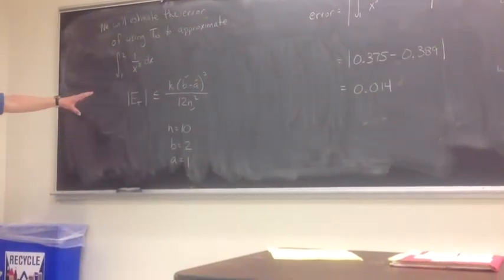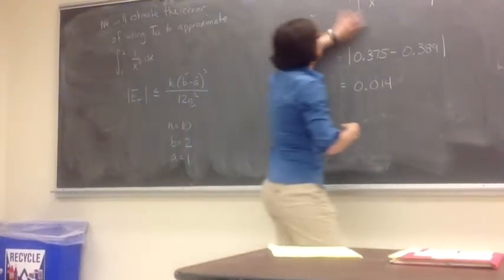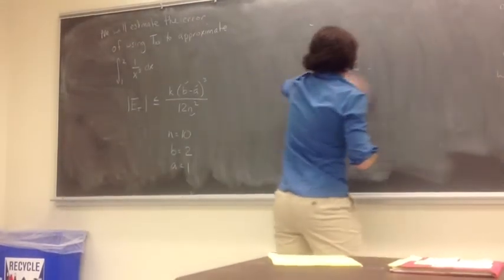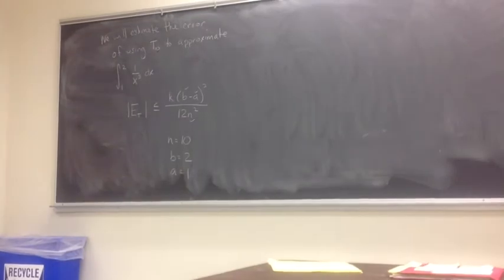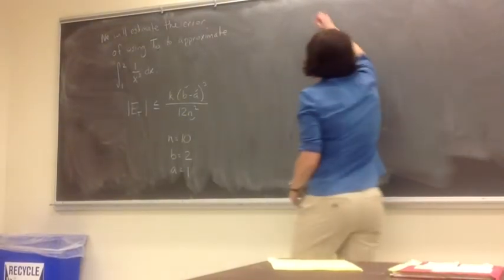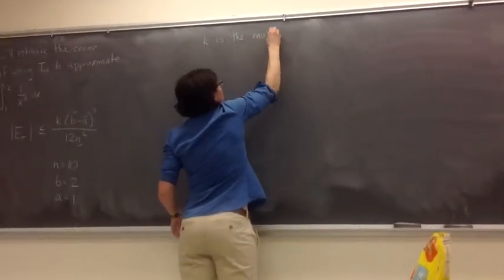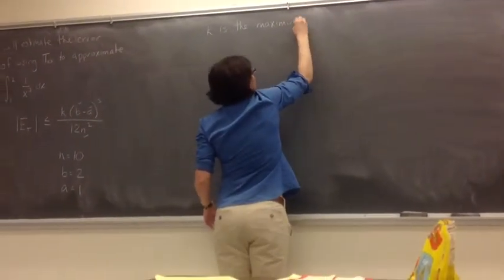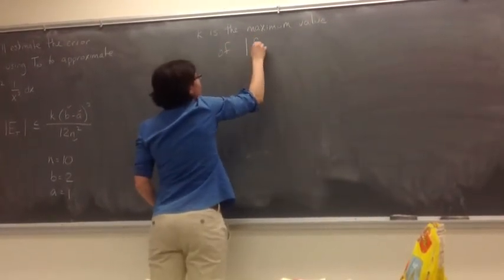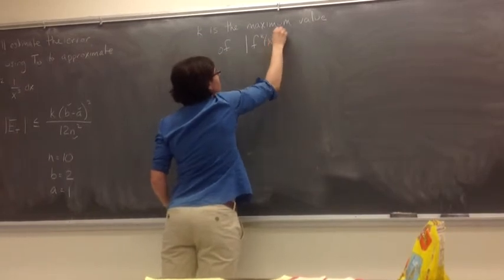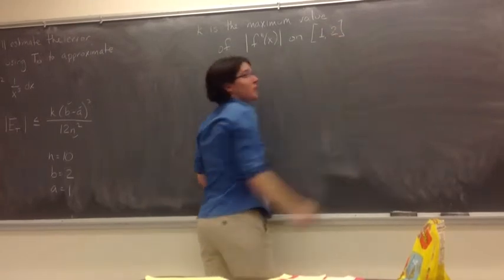The hardest part about this formula is figuring out what that K value is going to be. K is the maximum value of the absolute value of f double prime of x on the interval from 1 to 2.